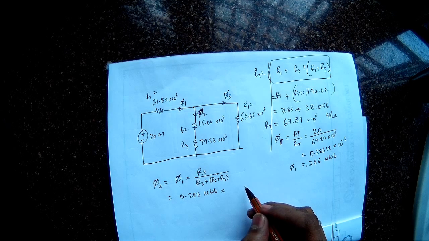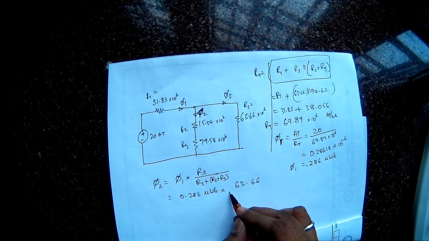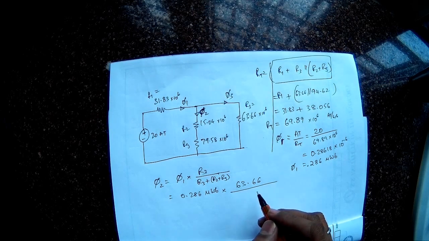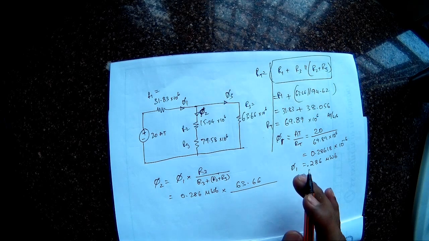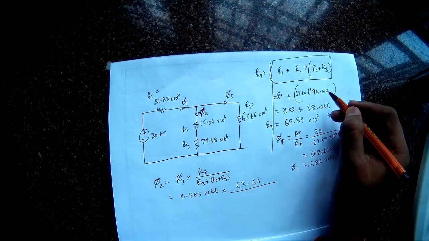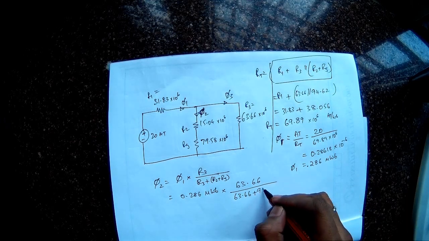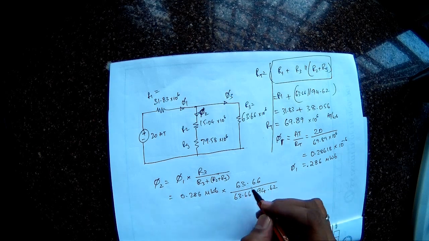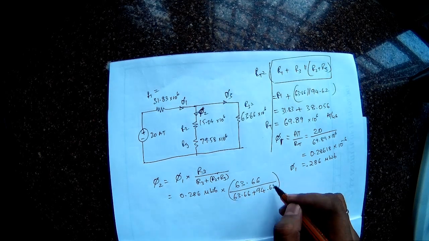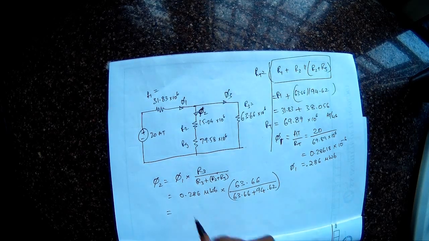R3 is 63.66 divided by the sum of all. Okay, so here I got 63.66 plus 94.62. Okay, so all 10 power minus 6 will cancel out in both cases. So I'll get this answer.